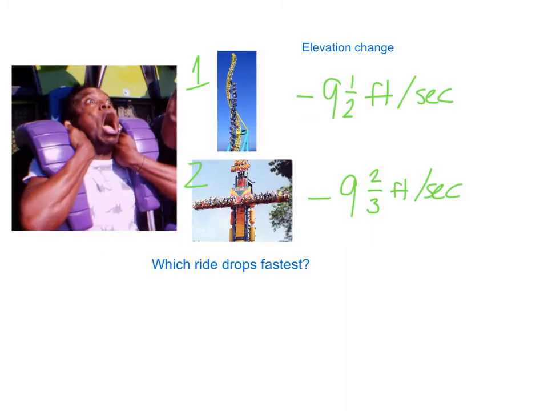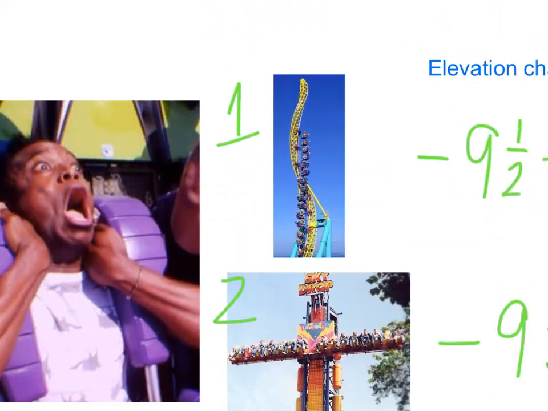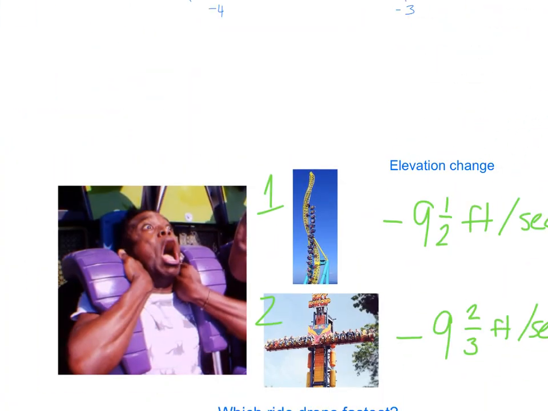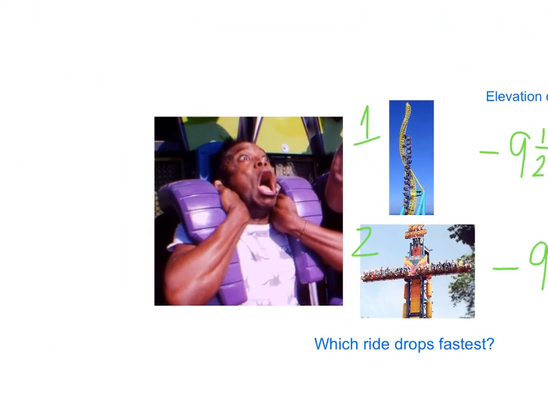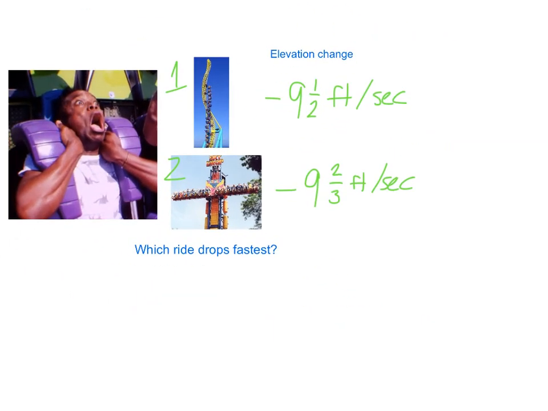All right, here's a little problem about roller coasters. You got a couple drop style roller coasters that look terrifying, and you would not catch me dead on one of those things. This guy's obviously having a good time. And they give us some elevation changes.